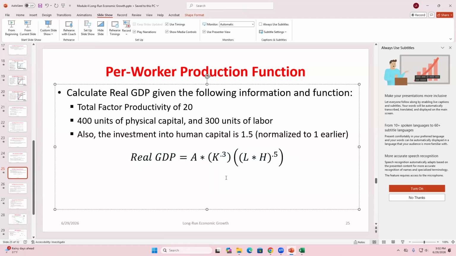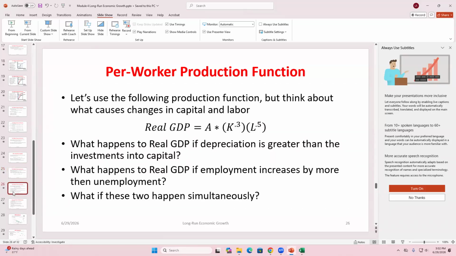Whichever one has the higher exponent, that's going to be the effect that is larger. So a 10% increase in physical capital would change my real GDP by less than that same 10% increase in human capital. Okay. And that's because that exponent is less. It's the same thing as when we had a change in labor. It's just a change in human capital. So I want to mention that before we move on.